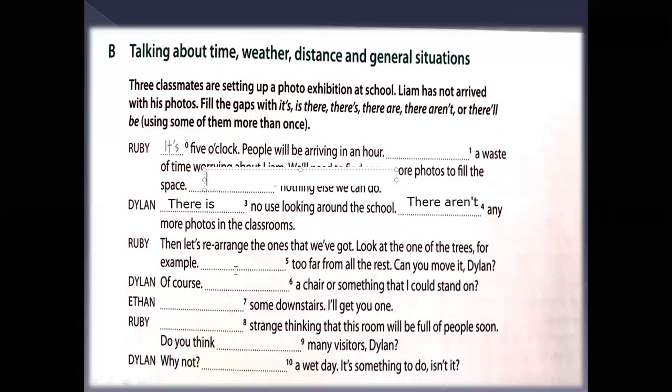Let's rearrange the ones that we have got. Look at the one of the trees, for example. It's too far from all the rest. Okay, can you move it? Guys, girls, any suggestion?